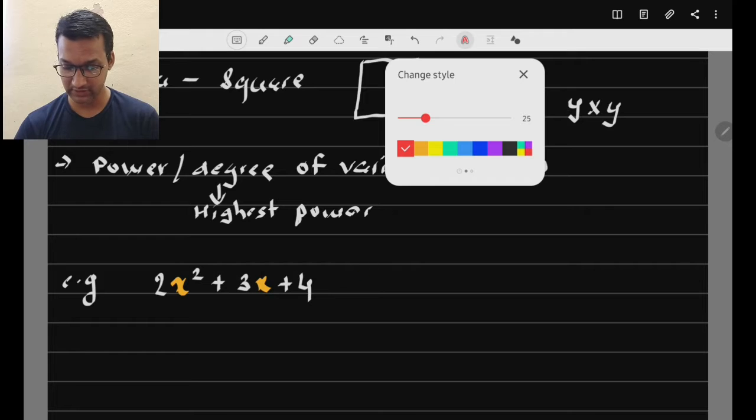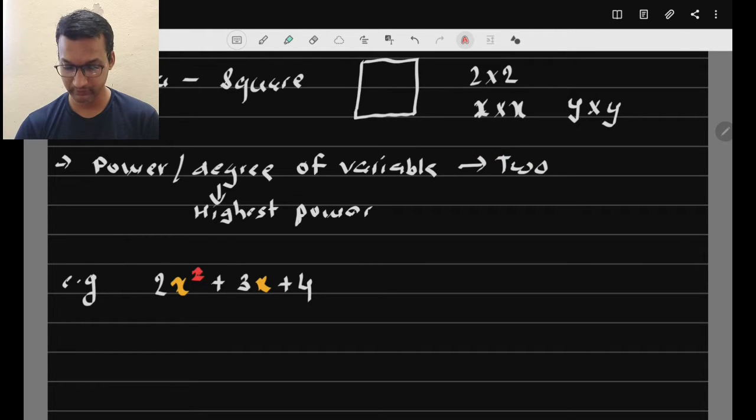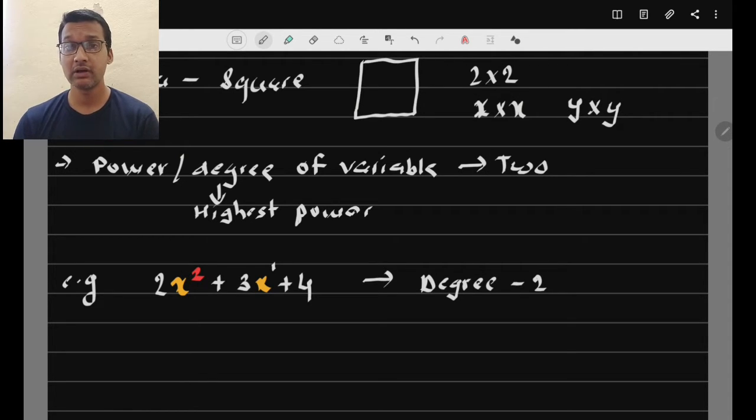The first power is 2, x square, and in 3x, x has a power 1. So what is the highest power in this equation? The highest power in this equation is 2. That means the degree is 2.